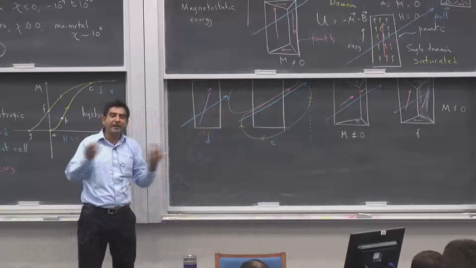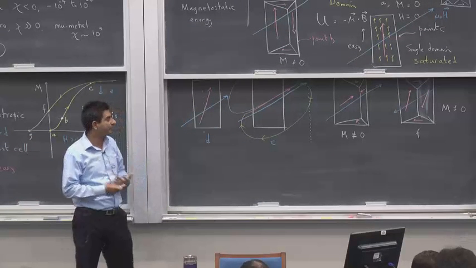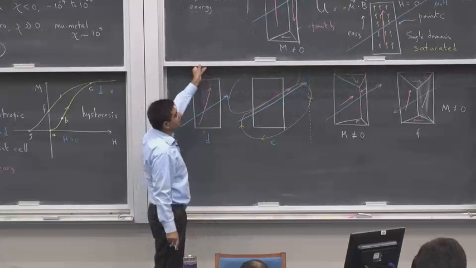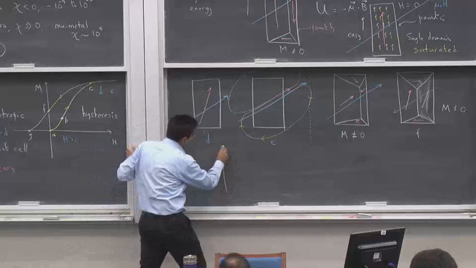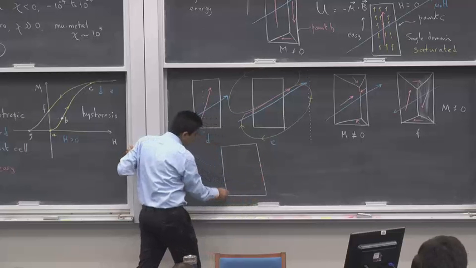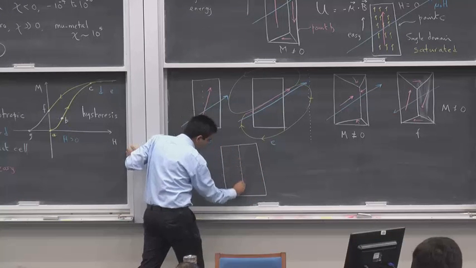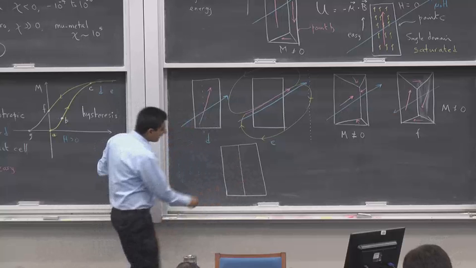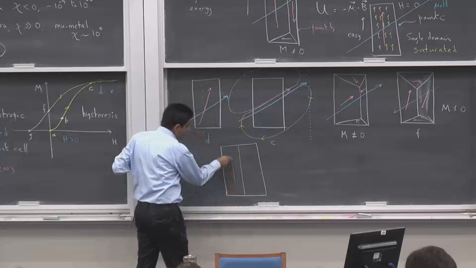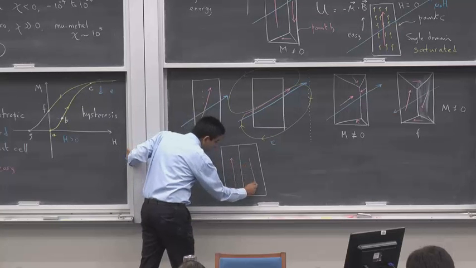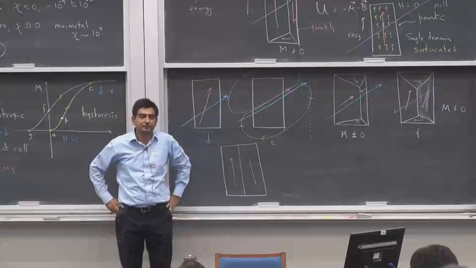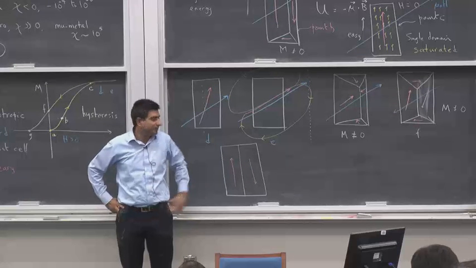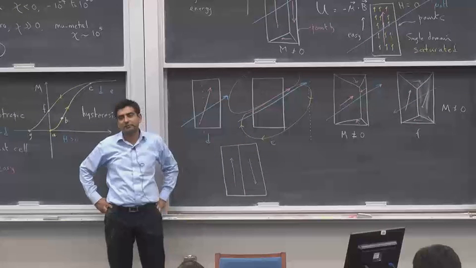Now you can have different kinds of ferromagnetic materials. One interesting observation is the following. If you have a domain here and a domain here, this lowers the energy of the system, because the magnetostatic energy is lower.